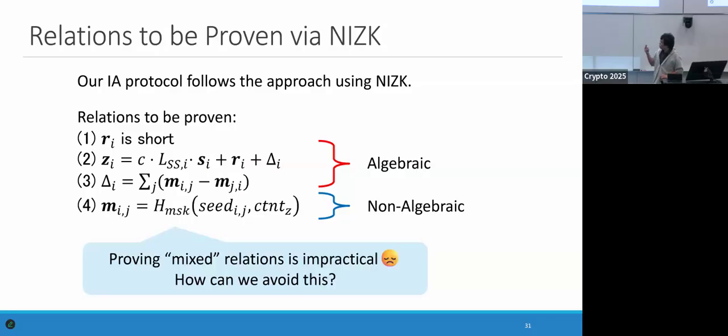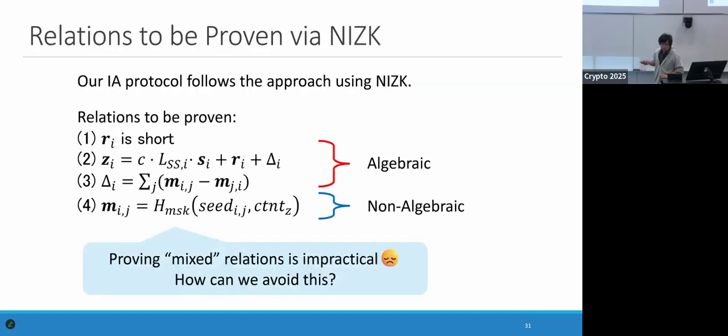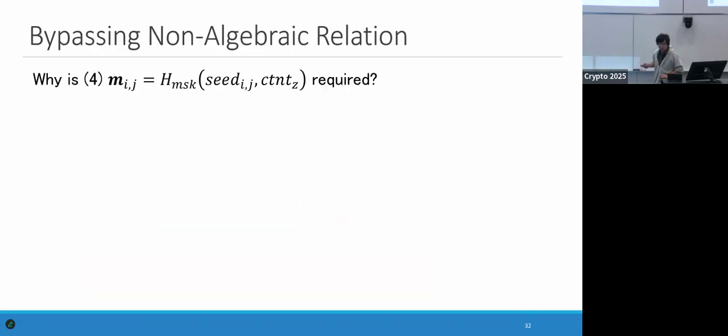So proving a mixed relation like this is impractical. If we use NISC to prove this relation, then the resulting protocol becomes inefficient. So we want to avoid proving this mixed relation.